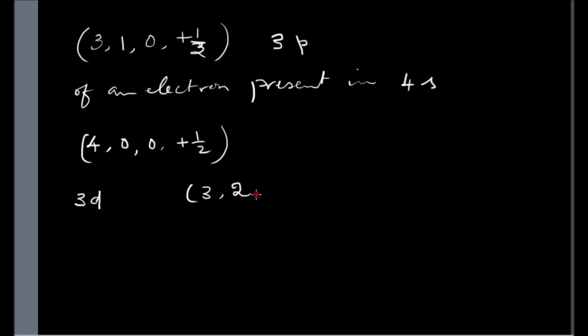And then the other one can be any one of the 5 permitted values: minus 2, minus 1, 0, plus 1 or plus 2, because it is just mentioned 3d. So let me write minus 2, and the spin quantum number can be plus half or minus half. This will be okay if you write any one of the 2. So this is how we relate the quantum numbers and the orbital, and the quantum numbers and the electrons.